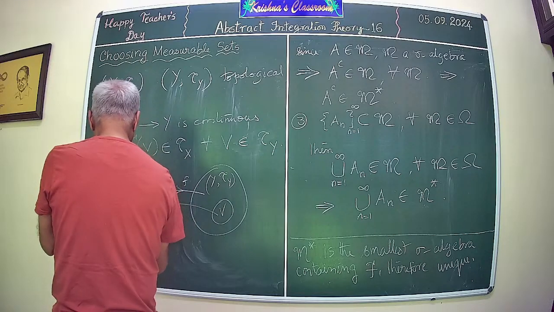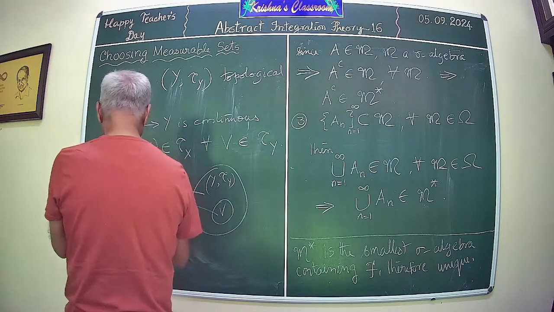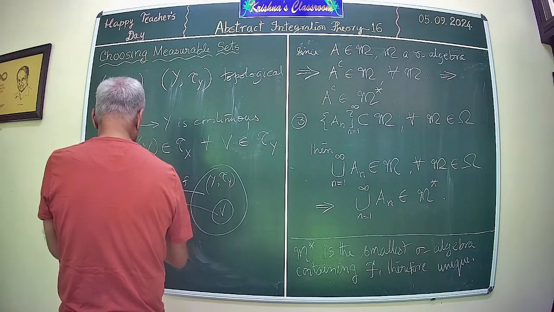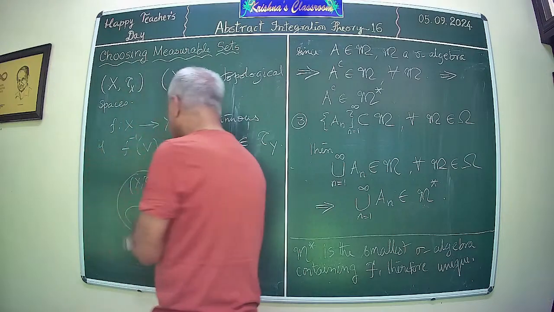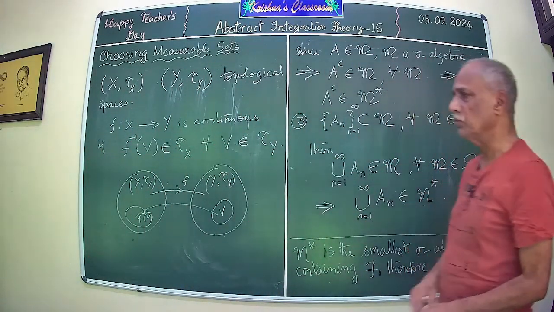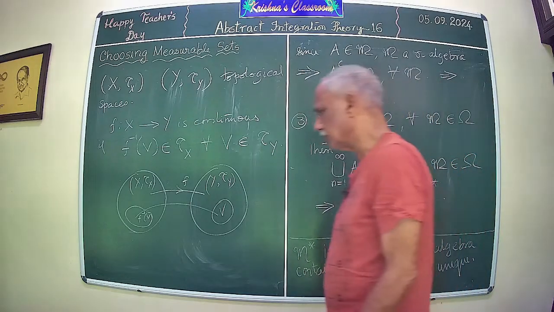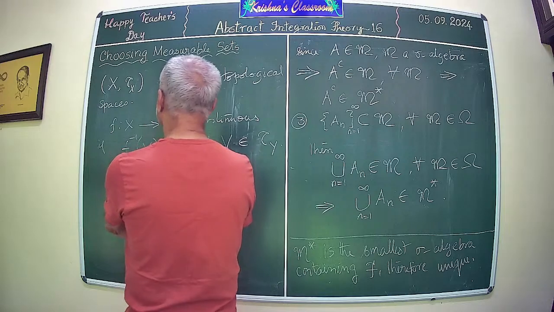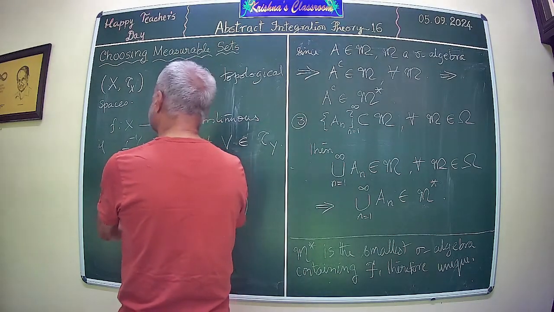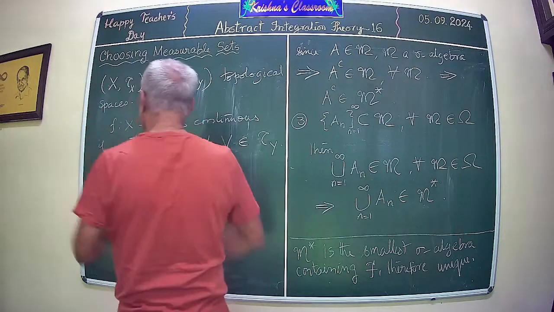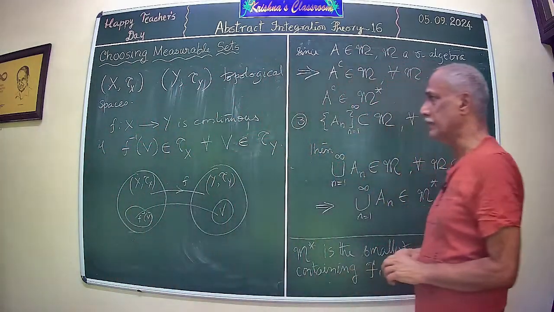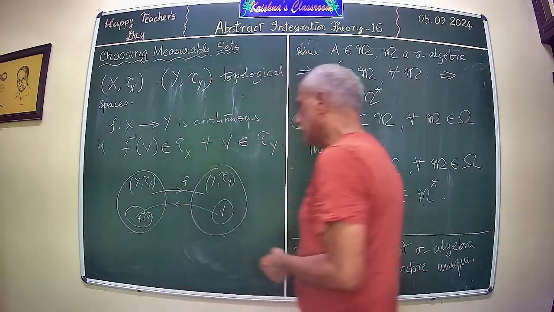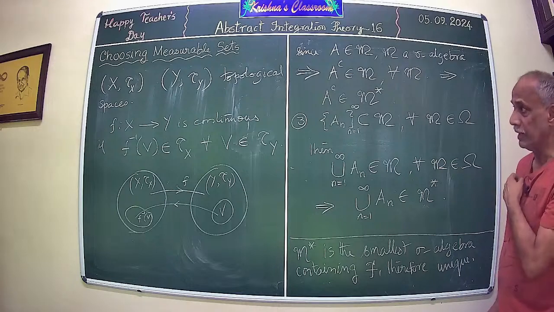You go to the set f inverse of V, which consists of all those elements in X which get mapped into V. We want f inverse of V to be an element of tau X. That means it is designated as an open set in the topological space X. Okay, so this is what you require for f to be continuous.